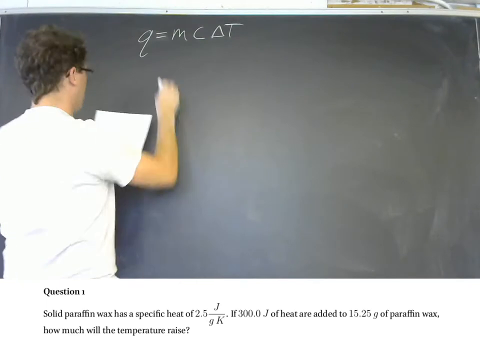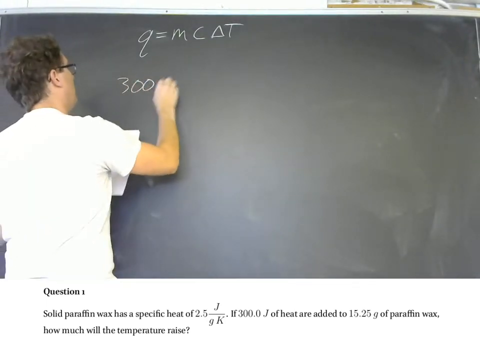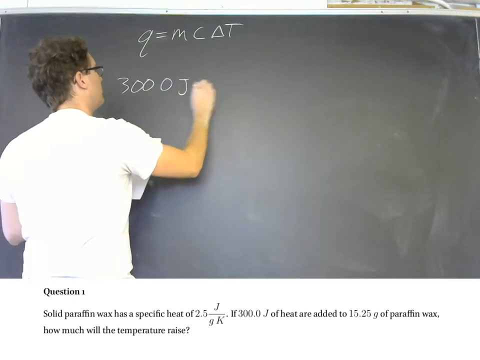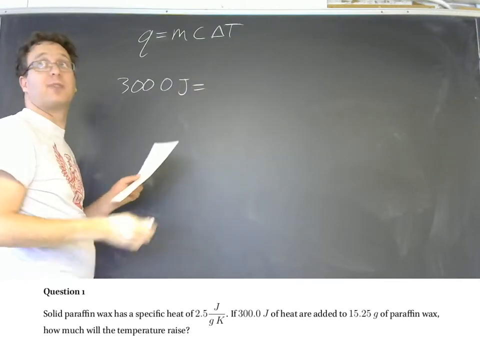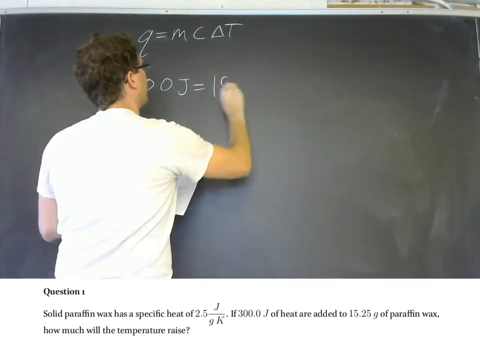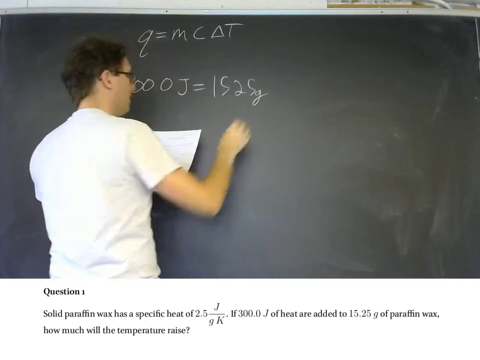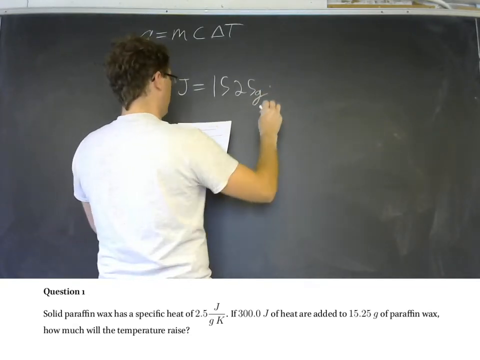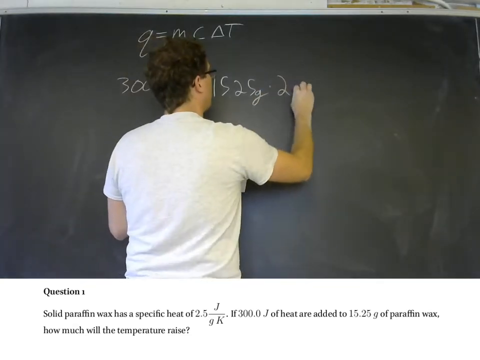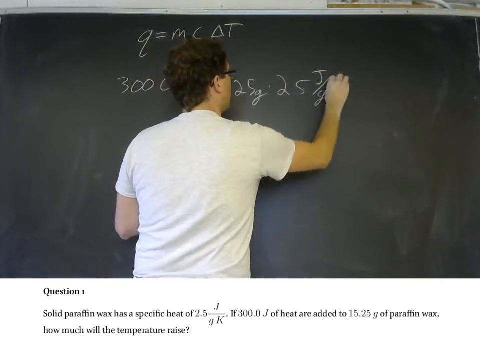And in this case, we know Q. Q is going to be 300.0 joules. What is the mass of the paraffin wax? That will be 15.25 grams. The specific heat is given as 2.5 joules per gram Kelvin.